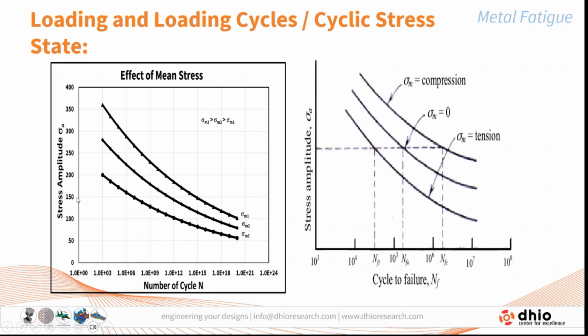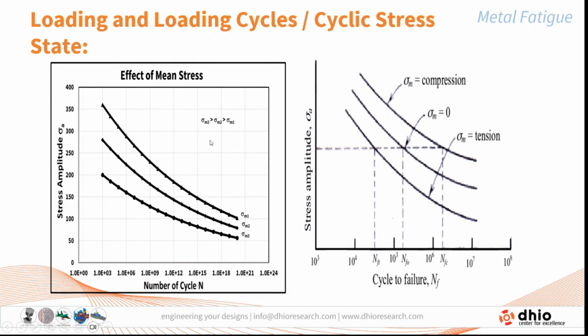Whereas for the same stress, if the mean stress is equal to sigma M2, the life is increased. Or if the mean stress is further less than M2, for the same stress level, the life is going to be a different value. So this is how the fatigue life is affected, mainly depending on the value of the mean stress.